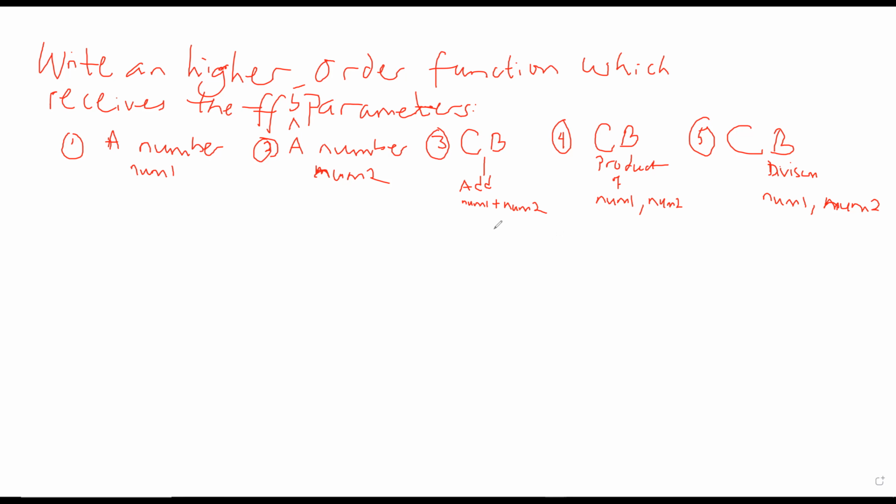I repeat, the first callback here must be the one that will do the addition of these two numbers. The second callback must do the product of these two numbers. Then the last callback will do the division, which means num1 divided by num2, right?